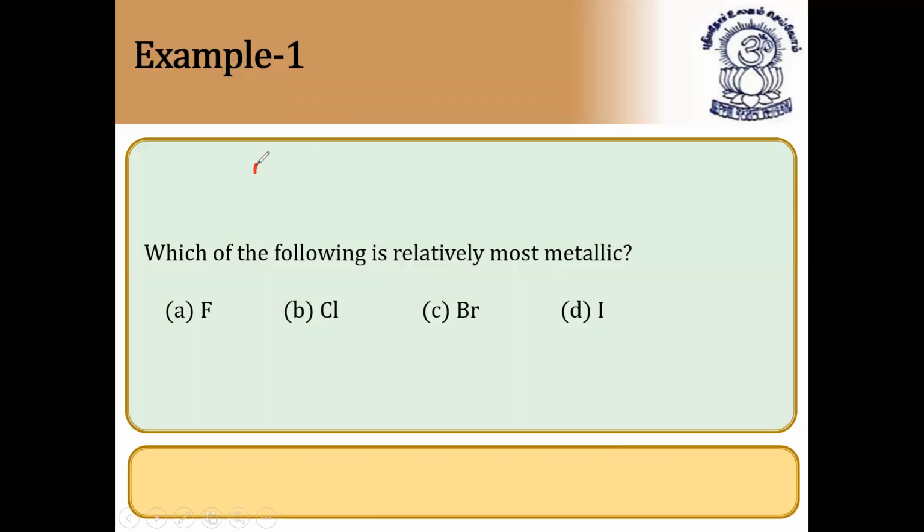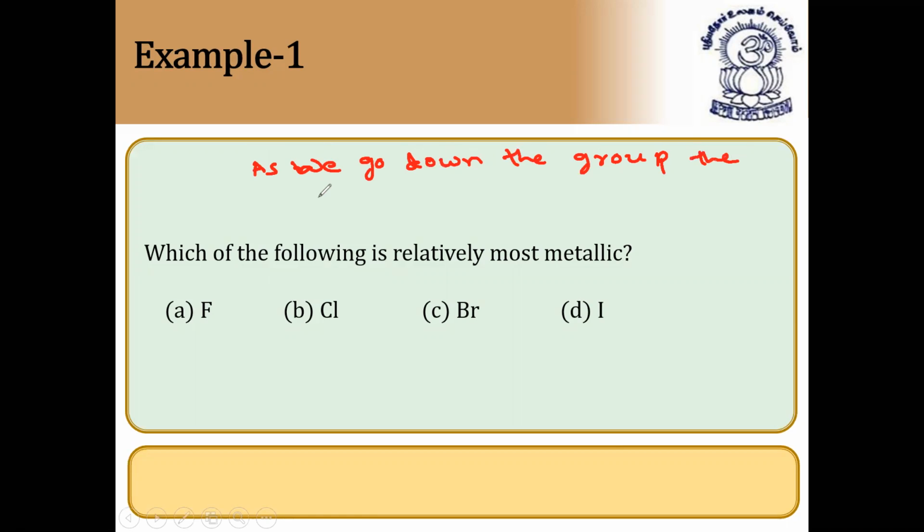Since already we know, as we go down the group of any group, the metallic character increases and non-metallic character decreases. So metallic character increases. Here I'm writing character, I forgot to write.